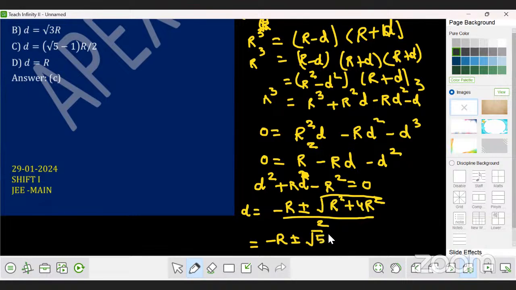So that is nothing but root 5r by 2. When r is taken common, it will be in terms of root 5 minus 1 into r by 2. So final answer is third option, root 5 minus 1 into r by 2. In the question it is given that at same height and same depth, g value remains same. So both the equations were equated and you will get the answer.